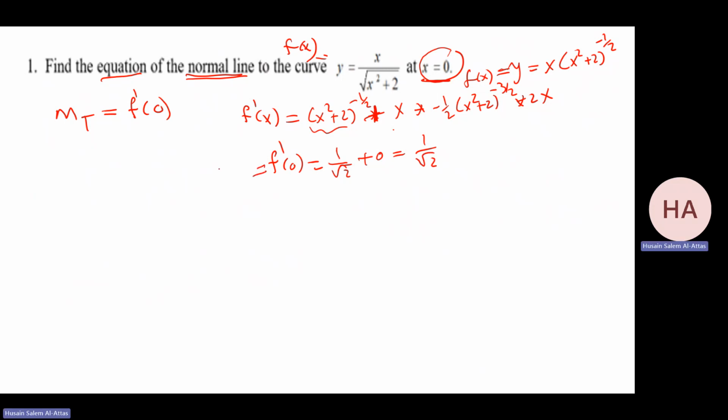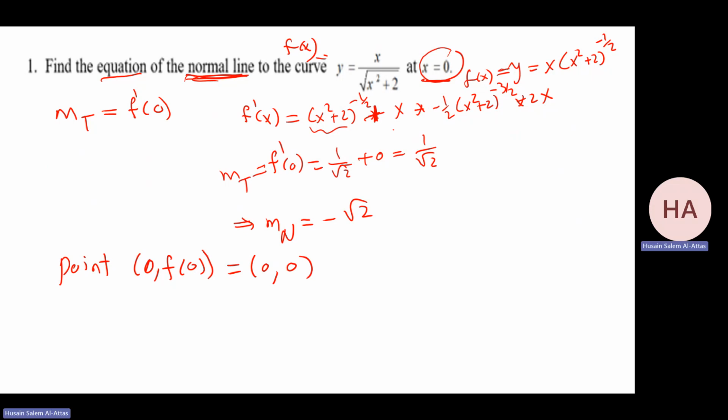This is the slope of what? The tangent. I don't want the slope of the tangent. I want the slope of the normal line. It will be the slope of the normal, minus root 2. So it will be minus root 2. And what will be the point? It will be 0 and f of 0. And what is f of 0?